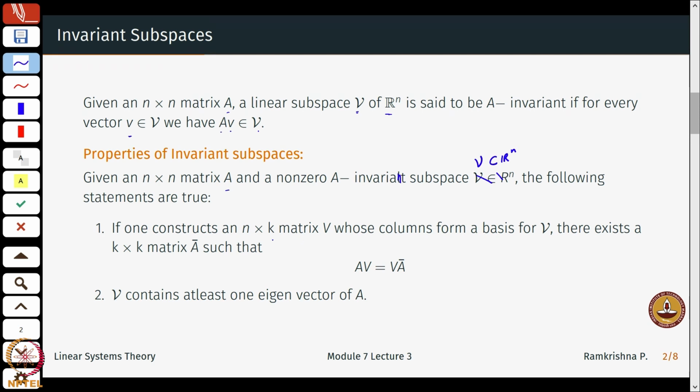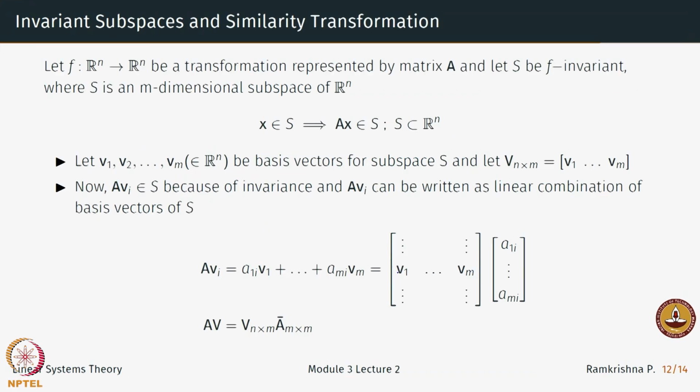If one constructs an n cross k matrix V whose columns form a basis for this curly V, then there exists a k cross k matrix A bar such that A times V is V times A bar, exactly what we derived in module 3 lecture 2.